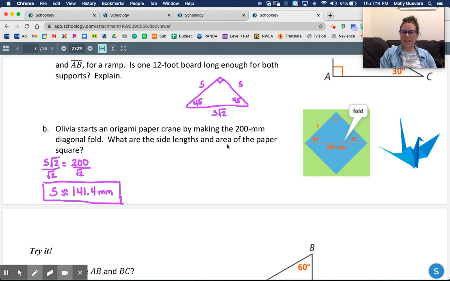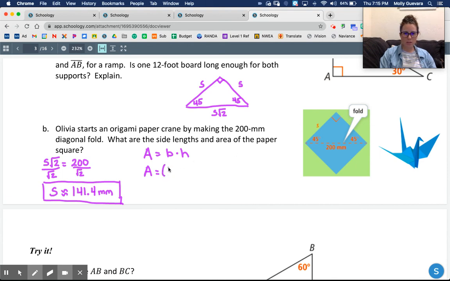Then it says, what's the area? Well, area of a square is equal to base times height, right? Or the side times the side, or whatever. So in this case, the base is S and the height is S, right? It's a square, so they're the same length.